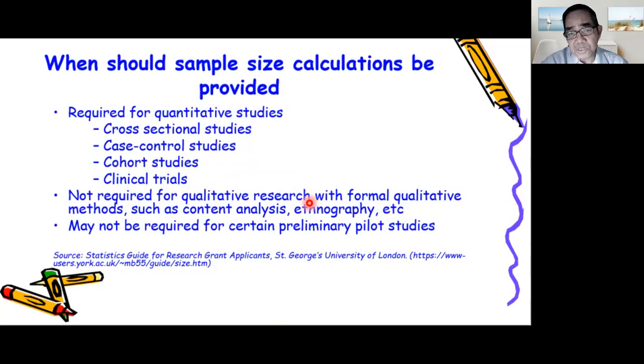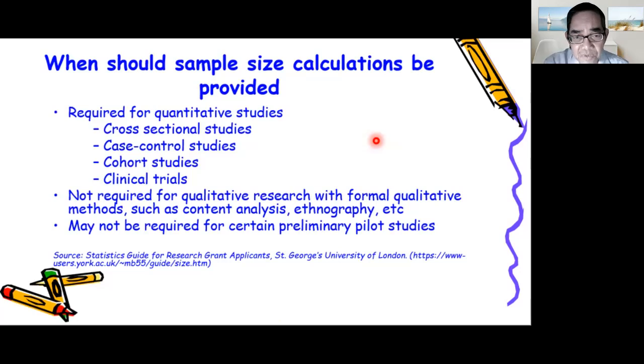The reason is we don't intend to generalize results from samples to population. You see, in qualitative research, we don't intend to generalize results. It is only in quantitative research that we want to generalize results from samples to population.